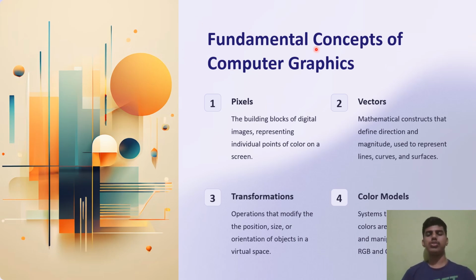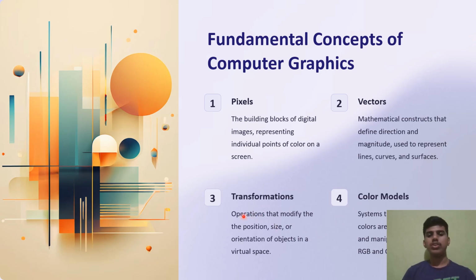Next one is fundamental concepts of computer graphics. The first one, most important in computer graphics, is the pixel. Every image is made up of pixels, the building blocks of digital images, representing the individual points of color on a screen. So this is a pixel. Then the vectors, mathematical constructs that define direction and magnitude, used to represent lines, curves, and surfaces.